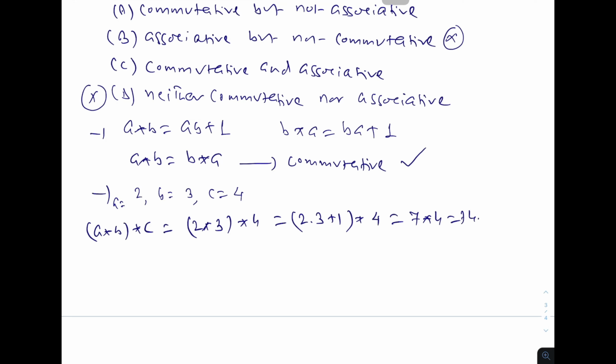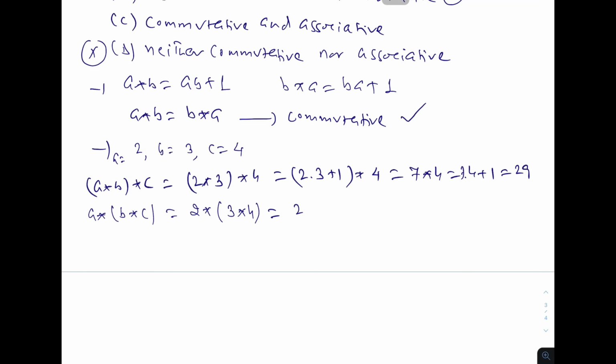So this is 7 into 4 plus 1, and so that is nothing but 29. Let us find this way: A star B star C, so 2 star 3 star 4. So this is 2 star 3 into 4 plus 1, so 2 star 3 into 4, 12 plus 1, 13. So this is 2 into 13 plus 1, and so that is nothing but 27.